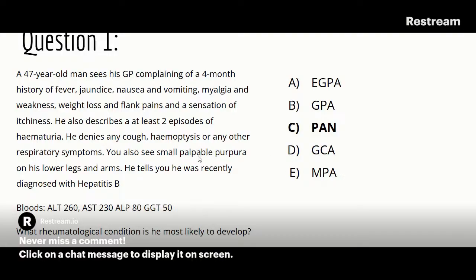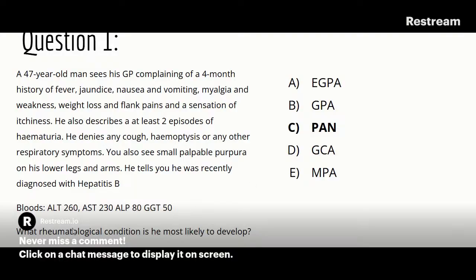You see small purple purpura, which again is not specific, and it tells you that he was recently diagnosed with hepatitis B. So GCA is very specific for having your polymyalgia rheumatica symptoms and your visual symptoms, neither of which are present here. And microscopic polyangiitis could in theory be, but we know that an association of hepatitis B is much more associated with polyarteritis nodosa.